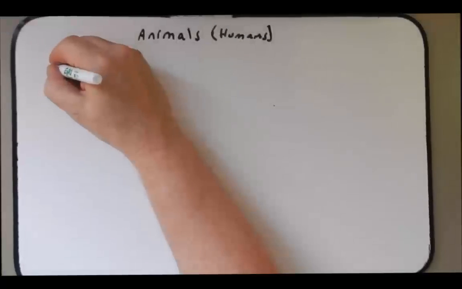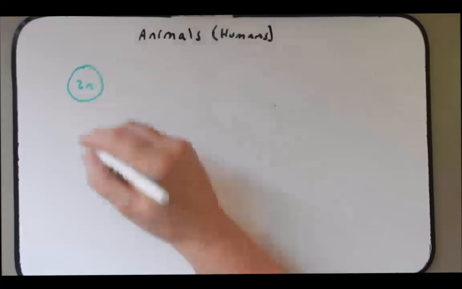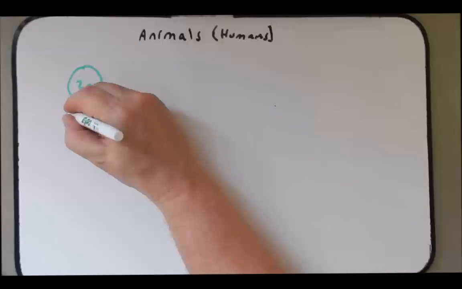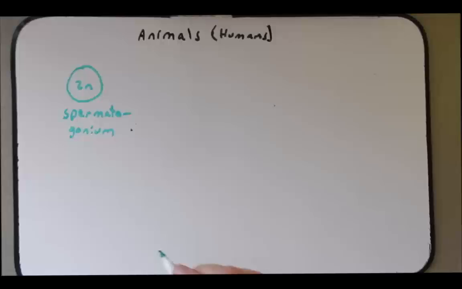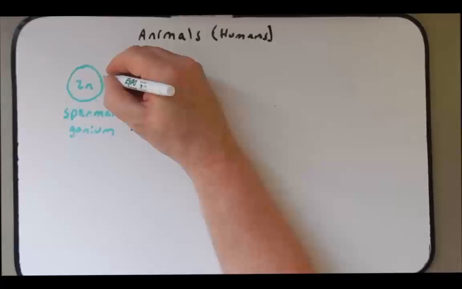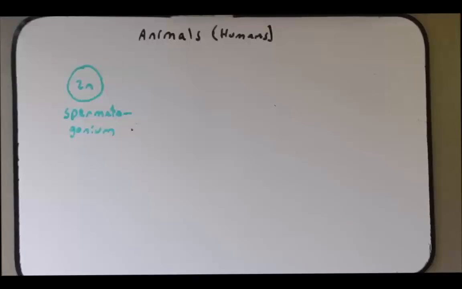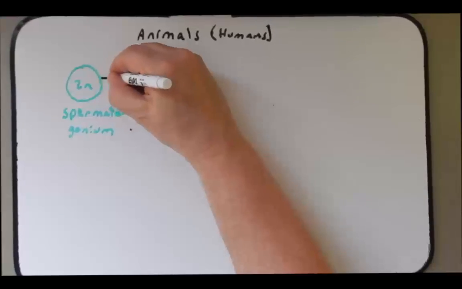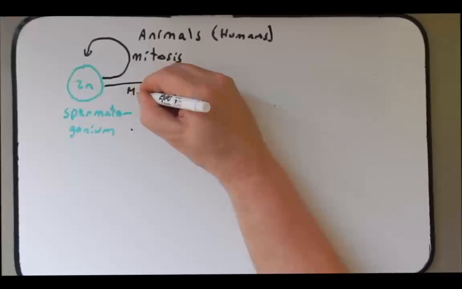I'm going to erase this so I have the whole board to draw out the pathway of spermatogenesis. So first, let's start off with a diploid cell, a unique diploid cell called a spermatogonium. Spermatogonium are one of the two types of cells that can do something pretty unique. They can undergo either mitosis or they can undergo meiosis.